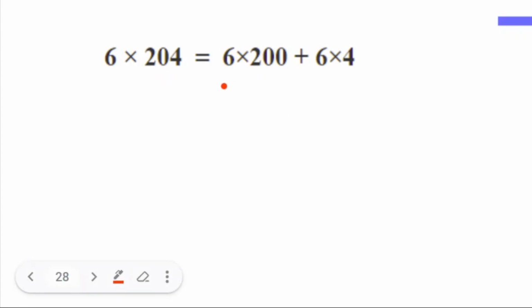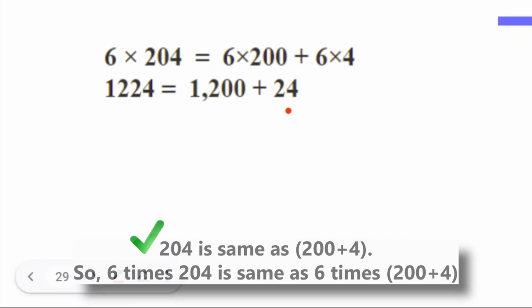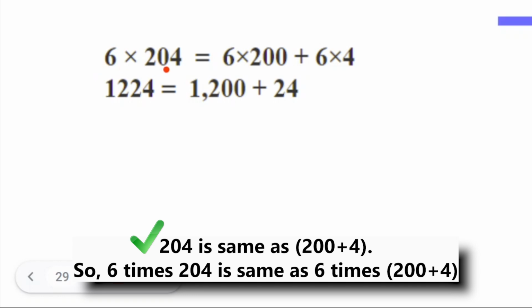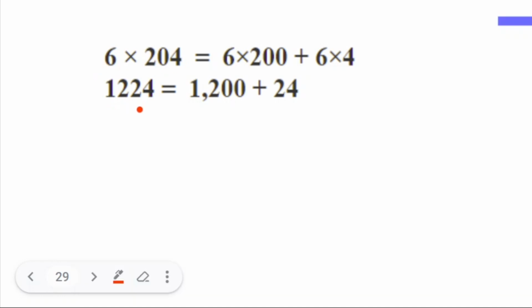So we are basically distributing the multiplication over addition. So 6 times 200 is 1200 and 6 times 4 is 24. Now 6 times 204 is 1224, which means both sides match.